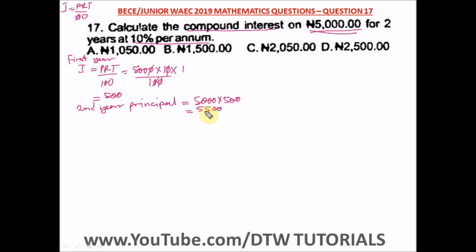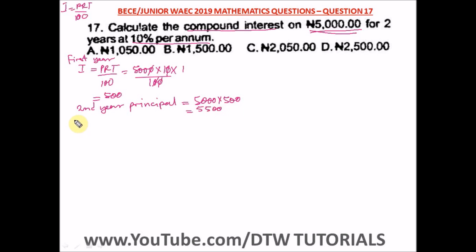You know, compound interest is like compounding, you're adding interest. This is the interest for the first year. You have to roll that interest into the next year if the client decides to still keep the money in the bank. Okay, this is commercial maths. So we have the second year principal.